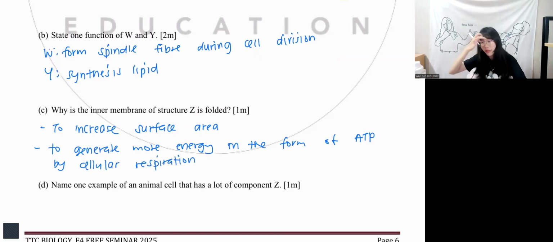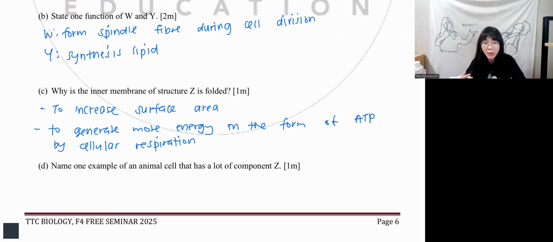Cellular respiration. Very good. If they ask you to explain your answer, the first one is enough for you to increase surface area. Cellular respiration is to produce energy from glucose. When you oxidize your glucose, that process is called cellular respiration. Same meaning as aerobic respiration.